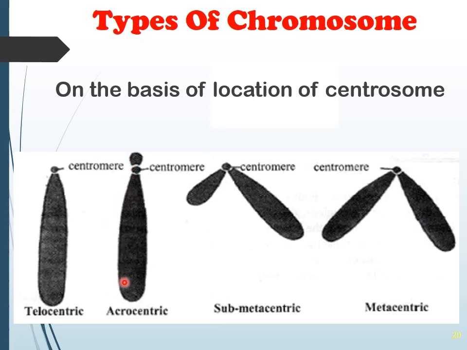One chromatid will have a longer size and the other will be of a smaller size. This is called acrocentric. And the last one is telocentric. A telocentric chromosome means there is only a single chromatid and the centromere. The other sister chromatid is totally absent. We call such a chromosome a telocentric chromosome.